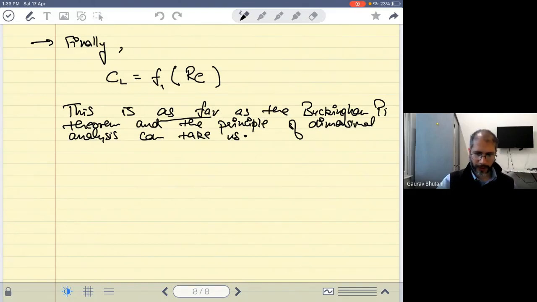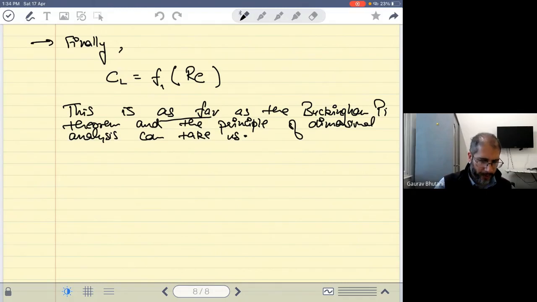So whether it is RE to the power of 2, or RE to the power of 1 by 3, whatever it is, that functional relationship is not known. All we know is that if we change RE, then CL changes, and these are the only 2 variables that vary, or CL is only a function of RE, nothing else.